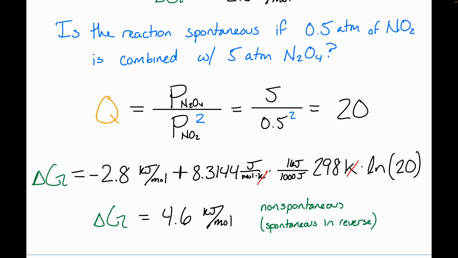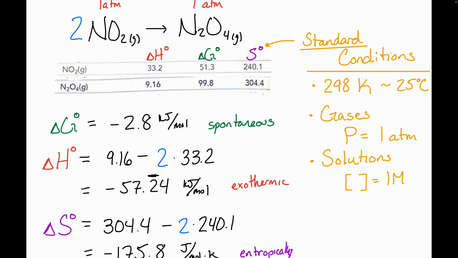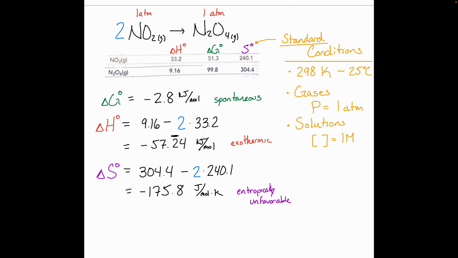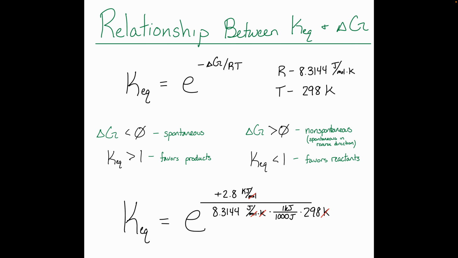Cool. All right, so first of all, we kind of formalized how, given a chemical reaction, we can calculate all these thermodynamic variables, our delta G, our delta H, and our delta S. And then we talked about how our delta G was related to our equilibrium constant through this equation here, right?